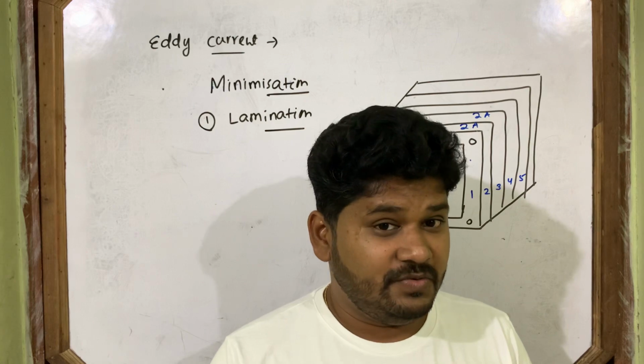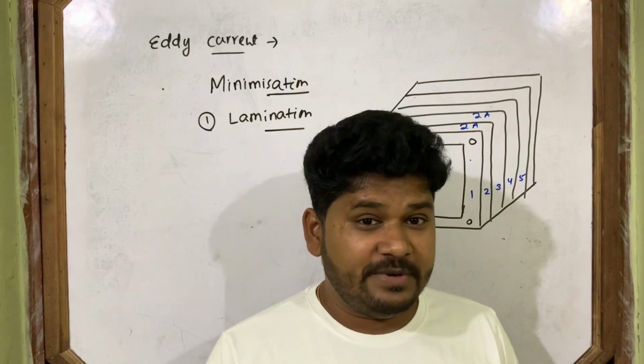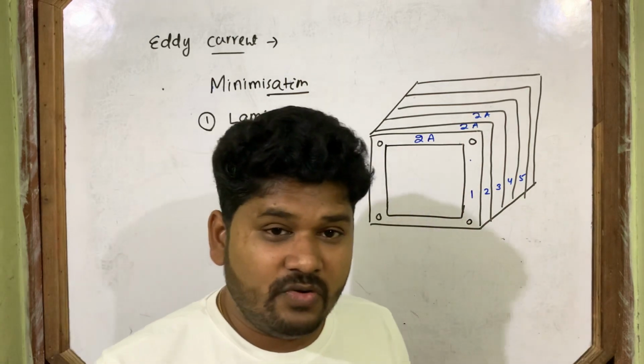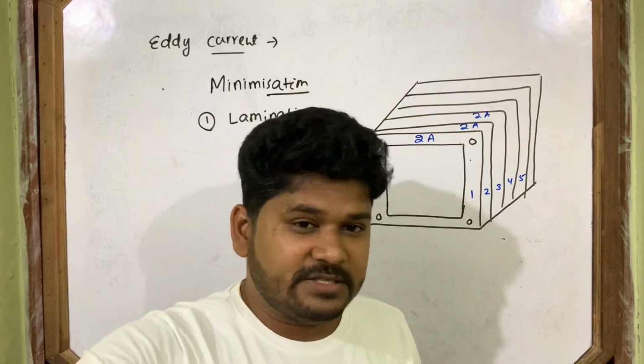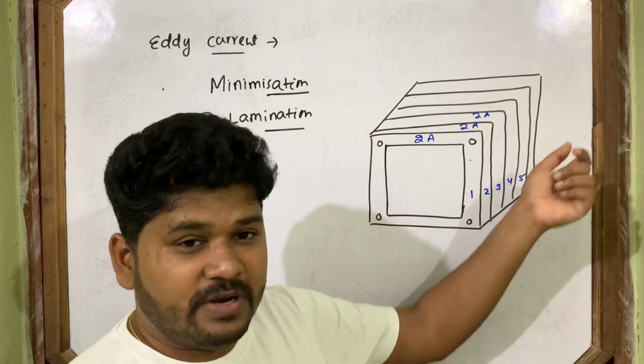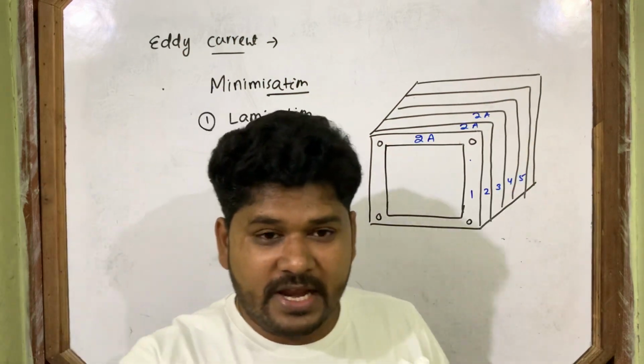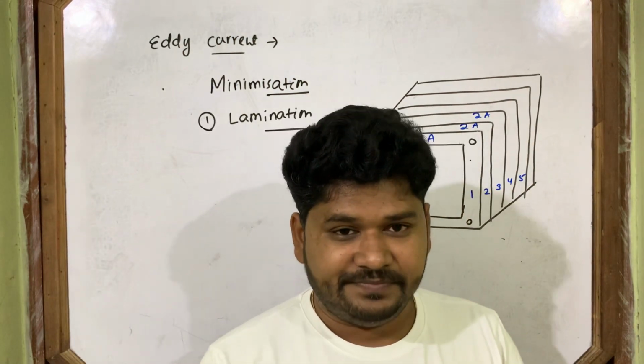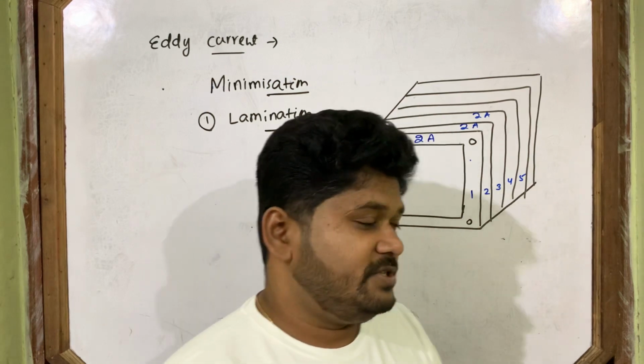But if you do not do lamination, they will be added and the whole current of 10-12 ampere will pass in all the sheets. So this is the process called lamination.